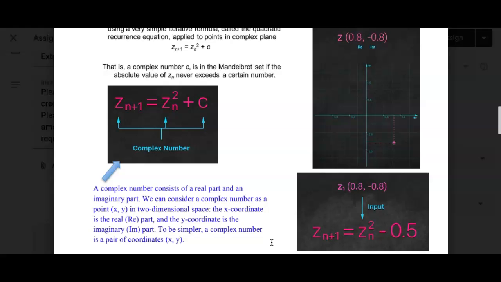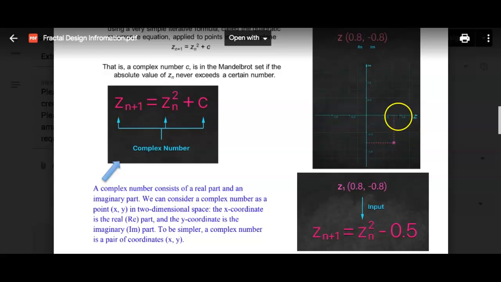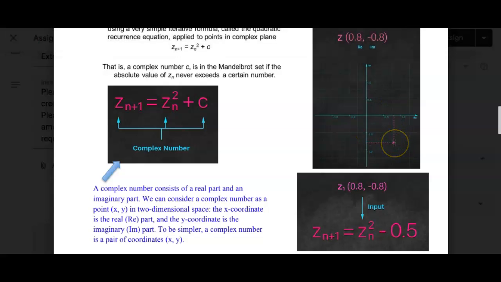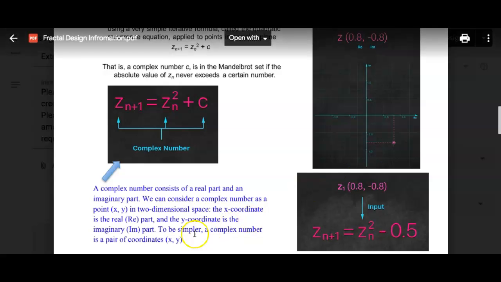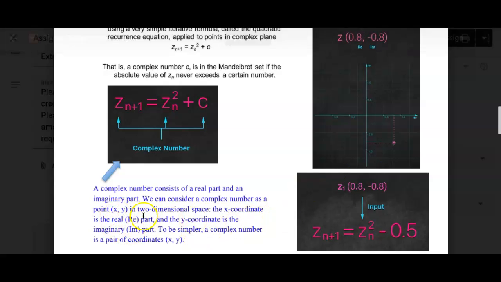But essentially, if we consider a complex number as a point that you can graph, I've selected randomly 0.8 and negative 0.8, which is down here. Then essentially, the x-coordinate is the real number and the y-coordinate is the imaginary number.